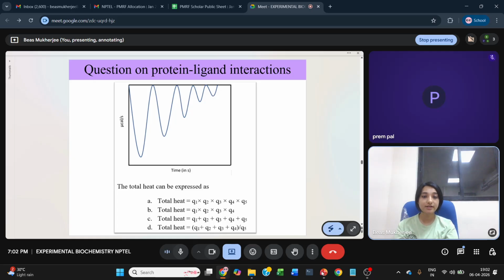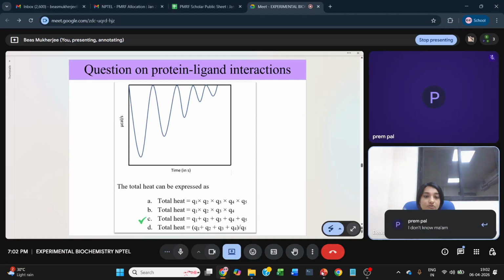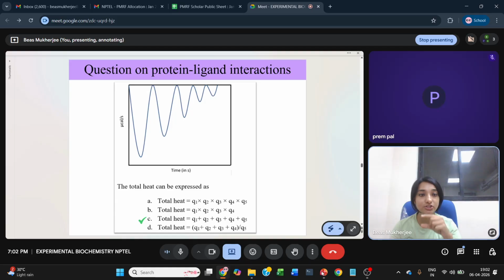So we look at the right answer. It is basically addition of all of these. So the total heat is actually the integration, right? So integration of the area under the curve.